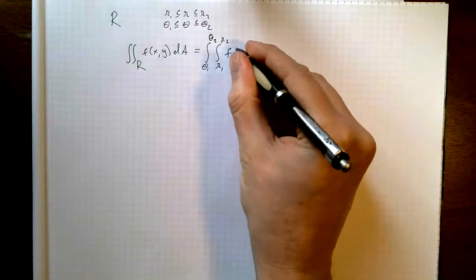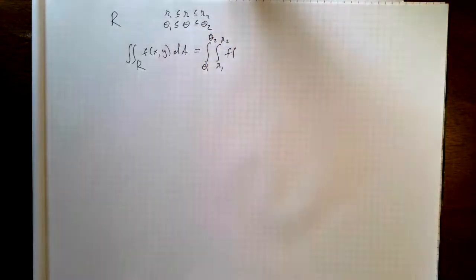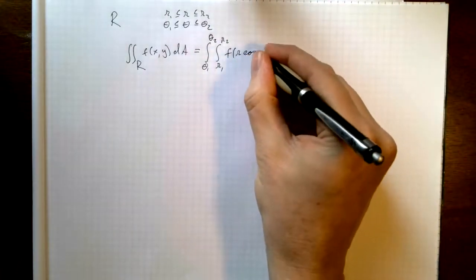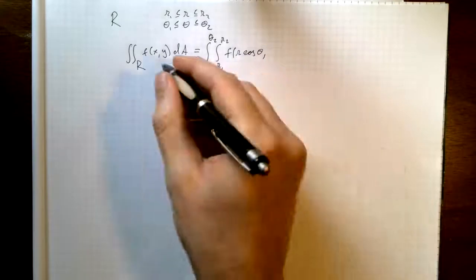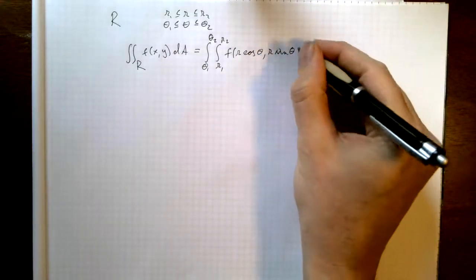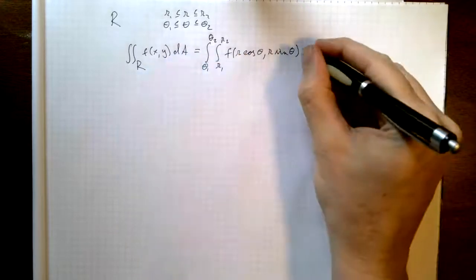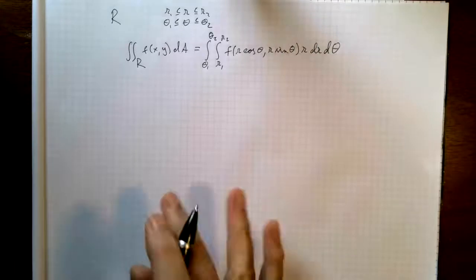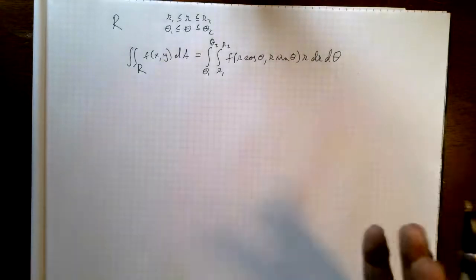Then f, well, what is x in terms of r and theta? It's r cosine theta. y is r sine theta, right? And then dA is r dr d theta.